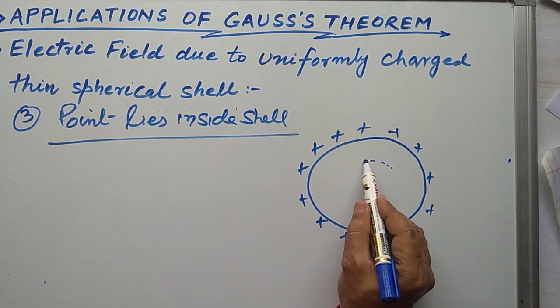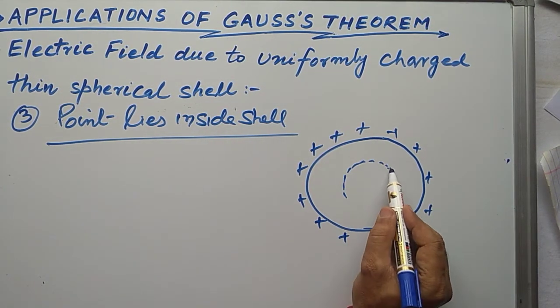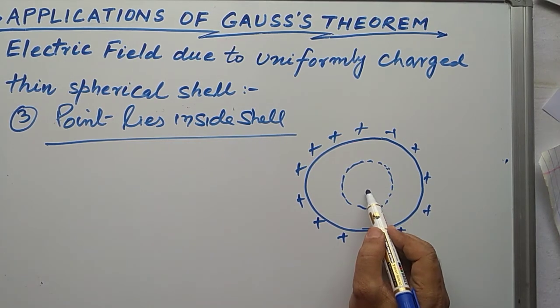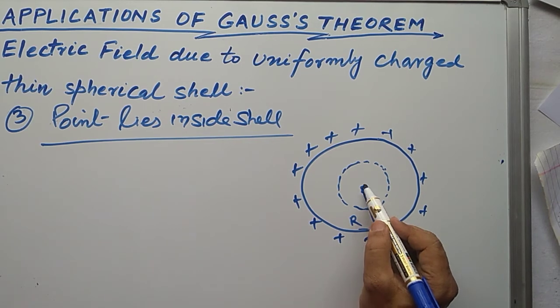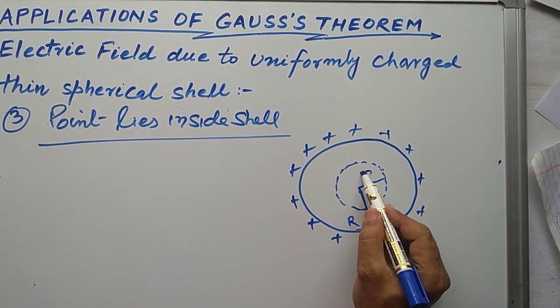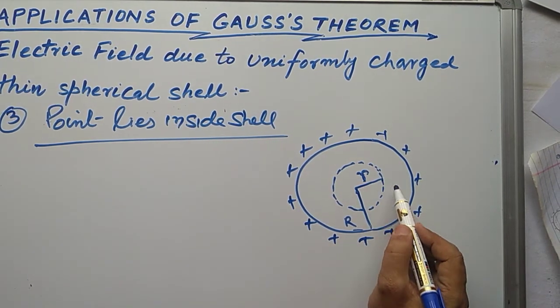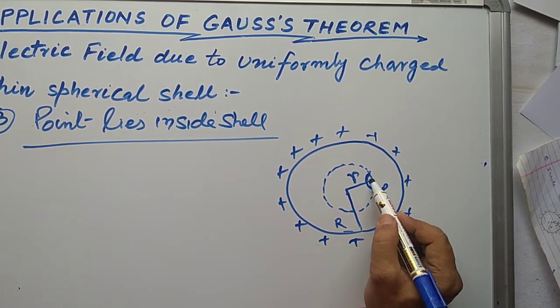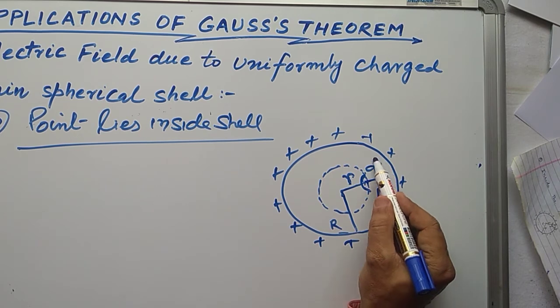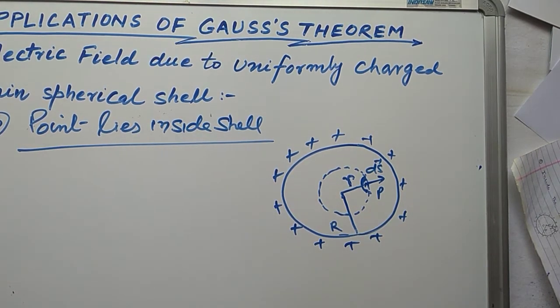Suppose this is the radius of the shell, and this is the distance of the point of observation, which is smaller, with ds vector and the center.